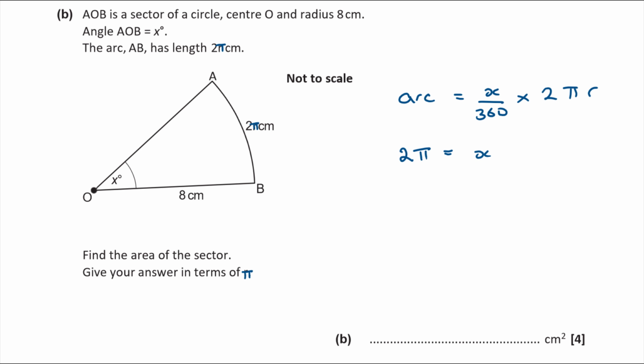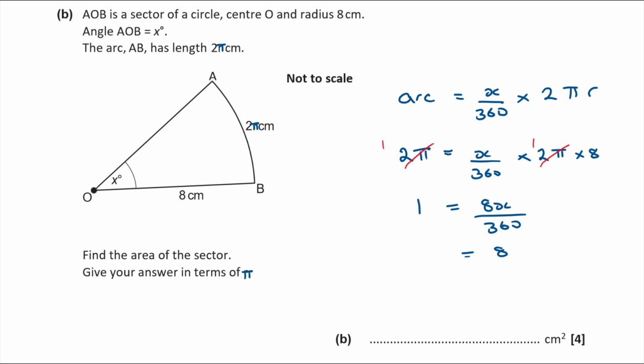It doesn't tell me x, that's what I need to work out. And I know that r is given as 8. So what's that then? Well, I'm just going to cancel the pi with that first off. So 1 is equal to x over 360 times 8. In other words, 1 equals 8x over 360.